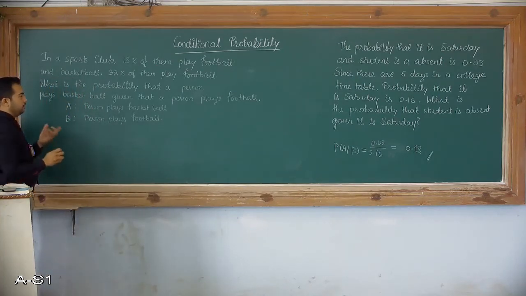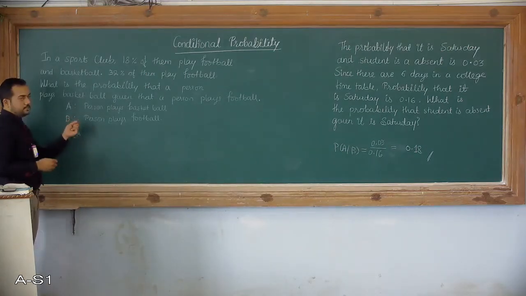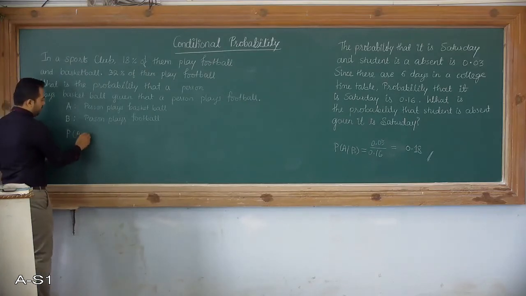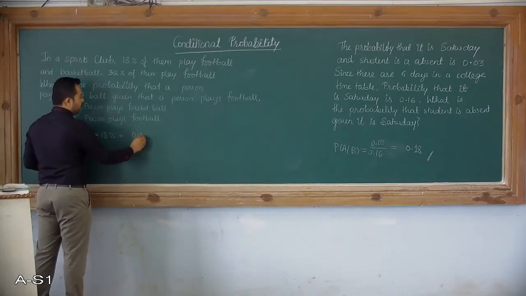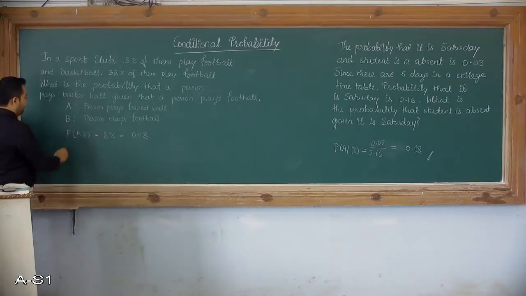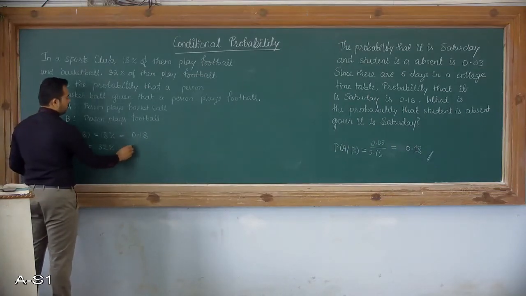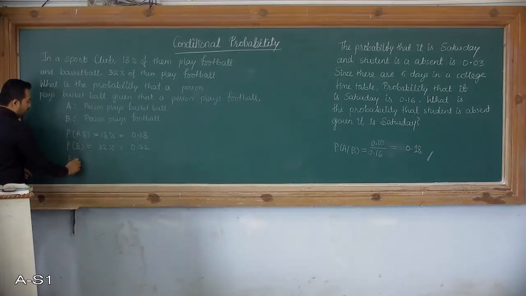Now we need to write their probabilities. The probability of A, the person playing basketball alone, is not given, it is given along with football. 18% of them play football and basketball both, so the probability of AB together is 18%, or 0.18. Then the probability of B, football, is given as 32%, which is 0.32. The probability of A when B is given is what we need to calculate.